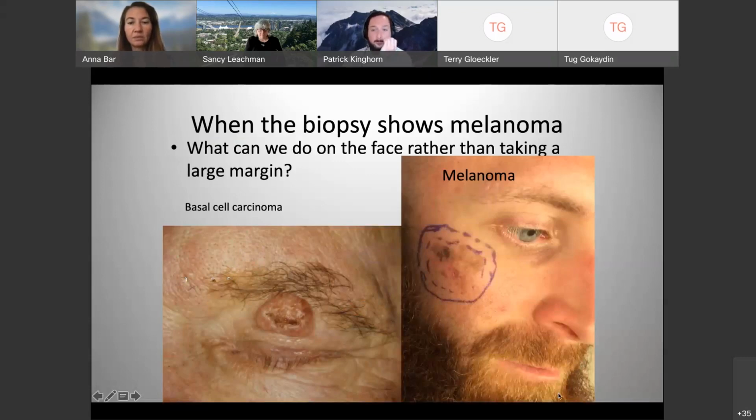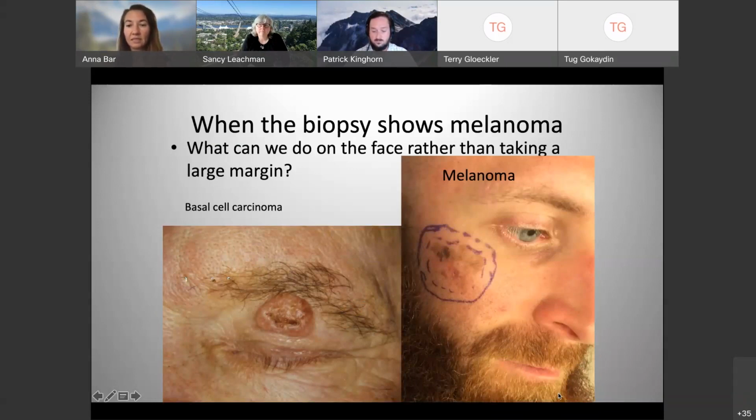So when do we talk about Mohs for melanoma? Well, a lot of you may know about Mohs for other skin cancers like basal cell carcinoma, but not everybody knows about Mohs on the face for melanoma. And that's because it's not done everywhere. There are only selected specialized centers across the country that can perform Mohs for melanoma.